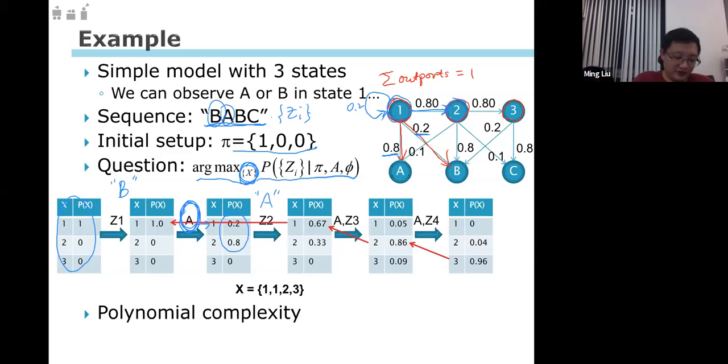If you have a 20% chance of staying at state 1, then the observation of A is 0.2, that 20% chance, times 0.8. We can observe A. And the observation of A is a fact. It's not random, because you know the second case is A.